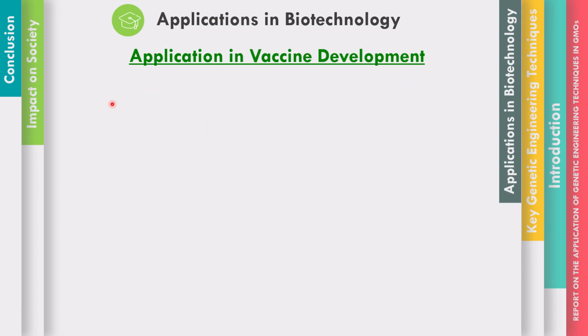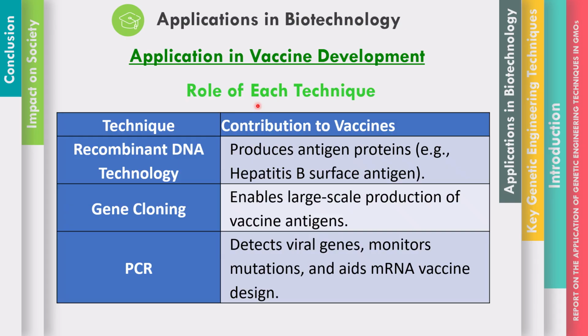Now let us look at the application of the genetic engineering techniques in vaccine development. Roles of each technique: we have the techniques and their contribution to vaccines. Recombinant DNA technology produces antigen proteins, for example hepatitis B surface antigen.